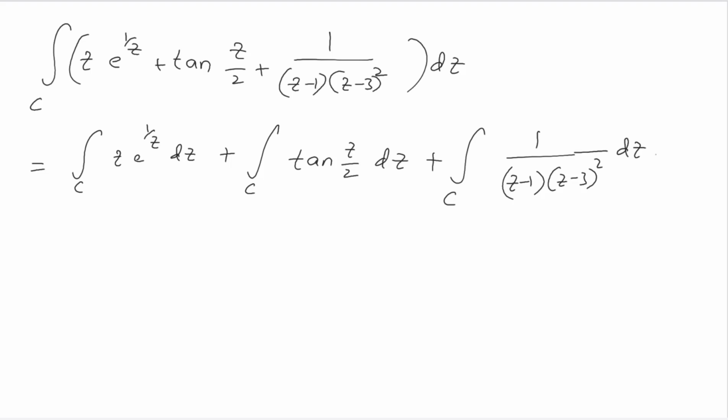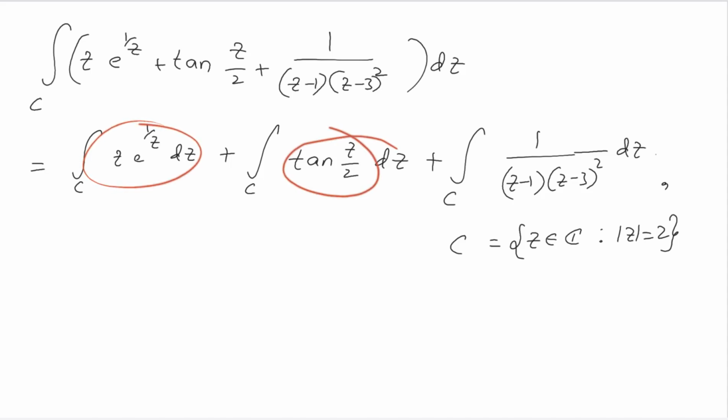Since C is the simple circle, z in C such that mod z equal to 2, only the singularities of these three functions inside this circle matter.